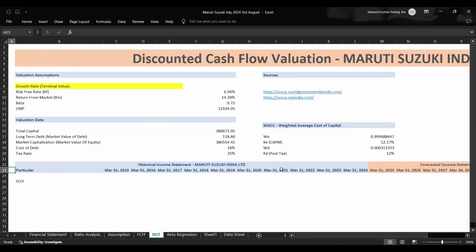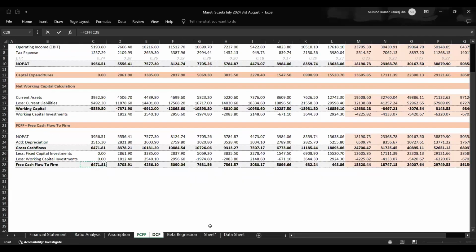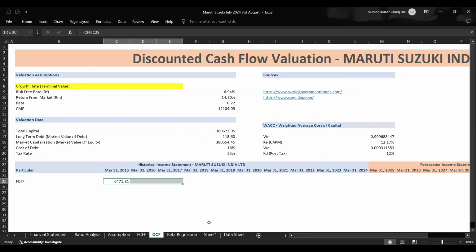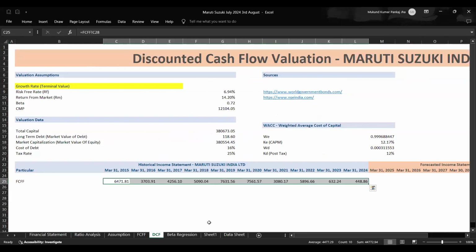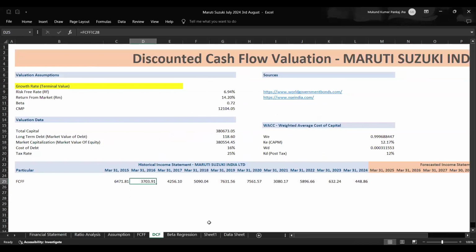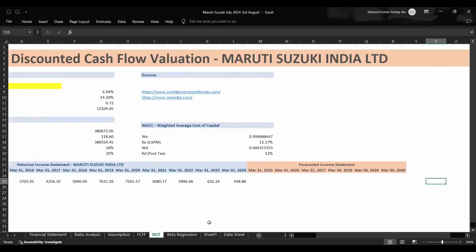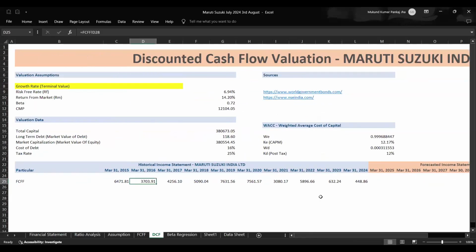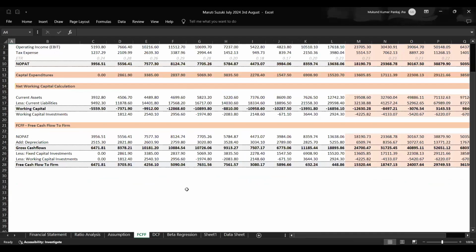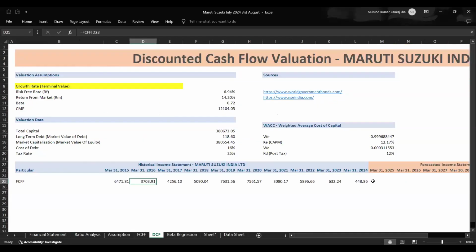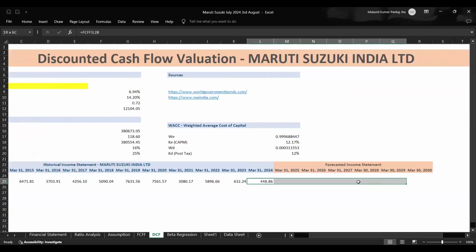Okay, perfect. Now, FCFF, we have free cash flow to firm. Let's plot that. This is our FCFF, and we are more concerned about the FCFF for future years.